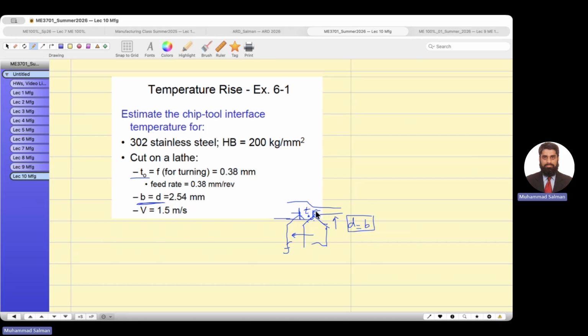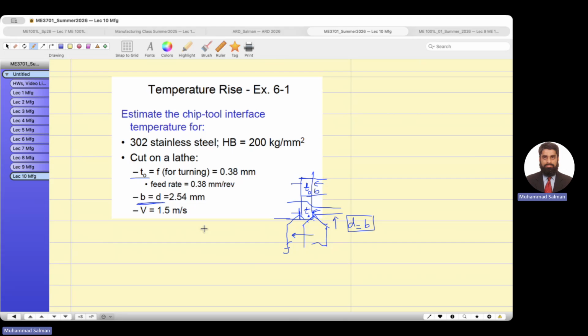So this rectangular chip which comes out is T0 times B. This is my B.